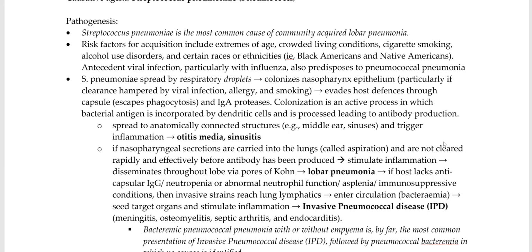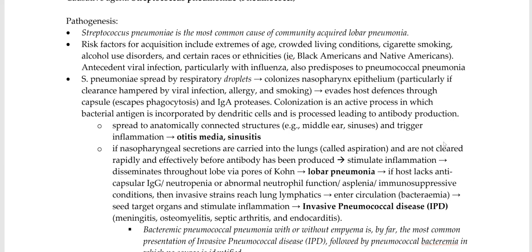And if host cells lack any kind of antibody response, or there are some other immune abnormalities like neutropenia or abnormal neutrophil function, or the spleen is not there, or spleen is not functioning properly, or other immunosuppressive condition, then this invasive bacterial strain reaches the lung lymphatics, and from there it enters into the systemic circulation, which is known as bacteremia.